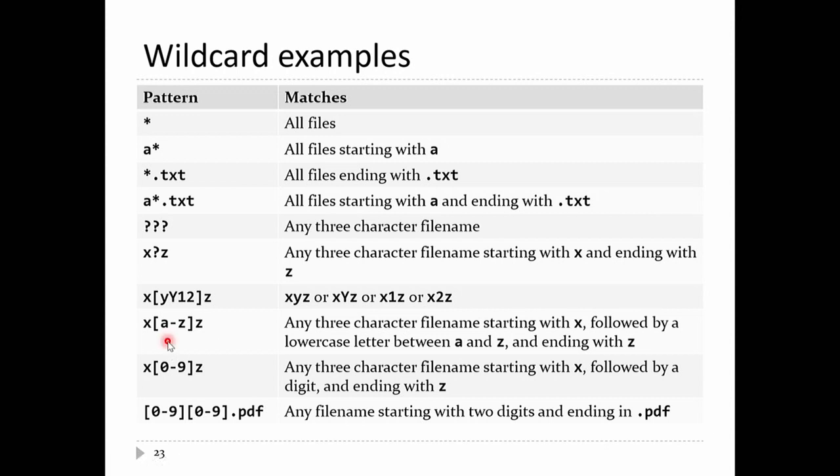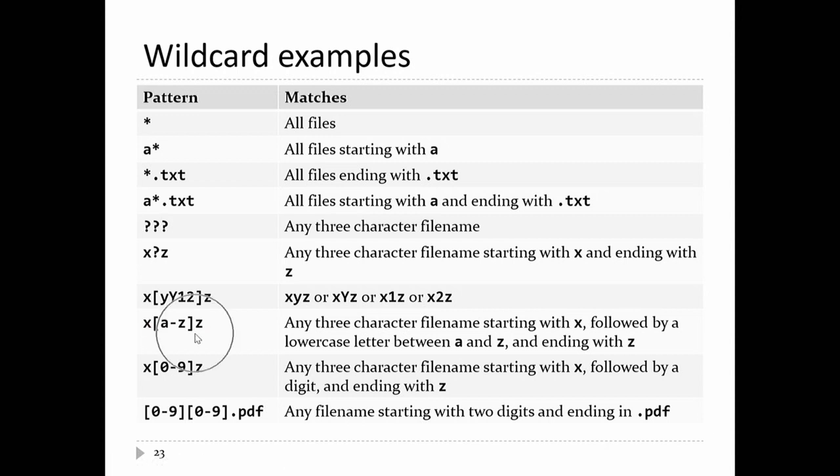In the next example here, it starts with an X, ends with a Z, and now you've got what's called a range. A hyphen Z means any of the lowercase letters A through Z. You have to be careful about using the hyphen inside of these square brackets. If you use the hyphen inside the square brackets, the shell will interpret that as you trying to indicate a range of some kind.